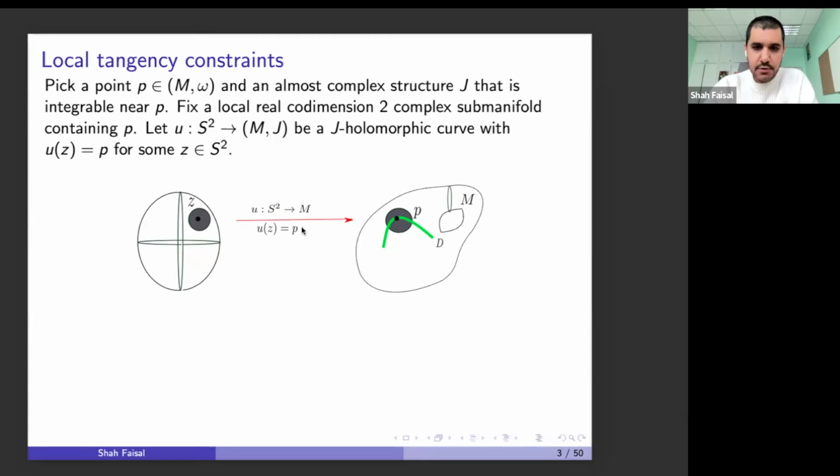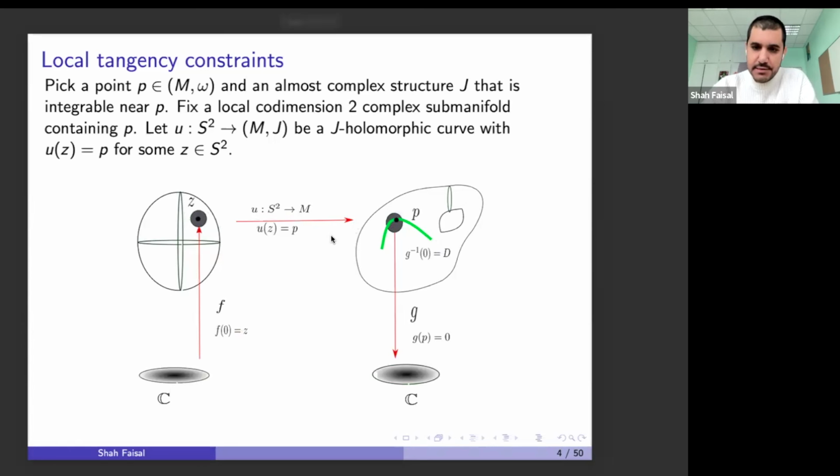And now consider a holomorphic sphere that passes through the point P. So there's a point Z on the sphere that is mapped to P. Next, I choose a holomorphic function G that is defined near P, and that realizes this divisor as a regular hypersurface. And then I choose holomorphic coordinates F around the point Z in the domain.